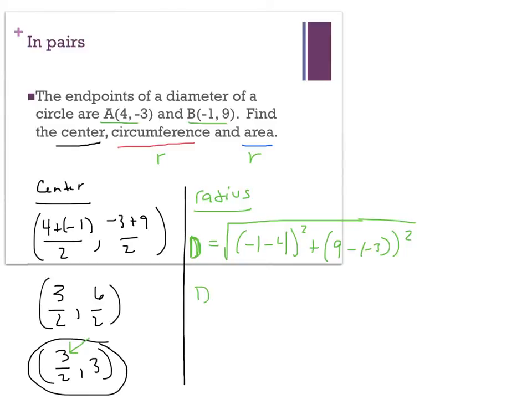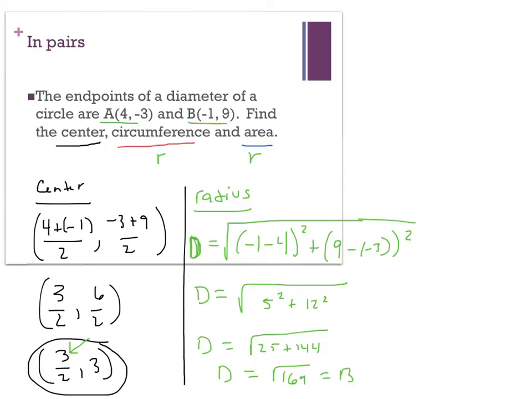square it, and I know the diameter is going to equal the square root of 5 squared plus 12 squared. So the diameter is equal to 25 plus 144, and so the diameter is equal to the square root of 169, which is equal to 13.